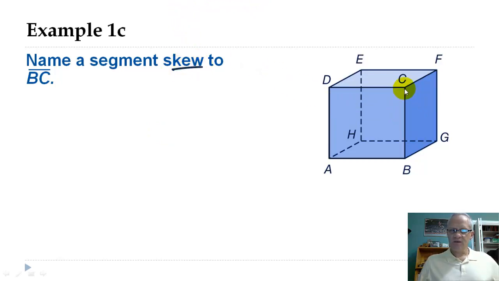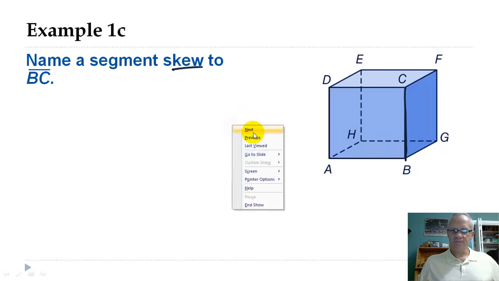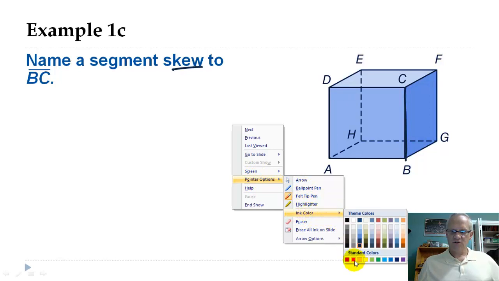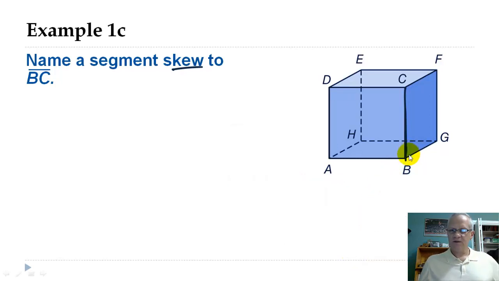So again, here's BC. Let's do this. I'm going to change to red here. So here's the ones that we've mentioned already. We said this red one here, this one here, this one here, and this one here. Those red lines all intersect.